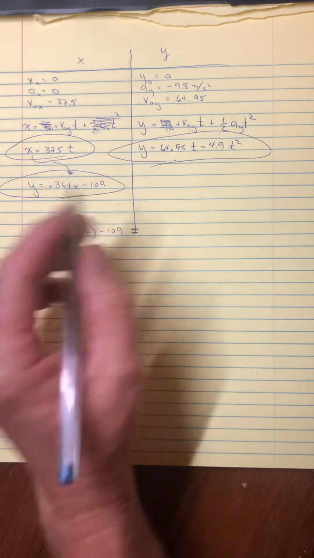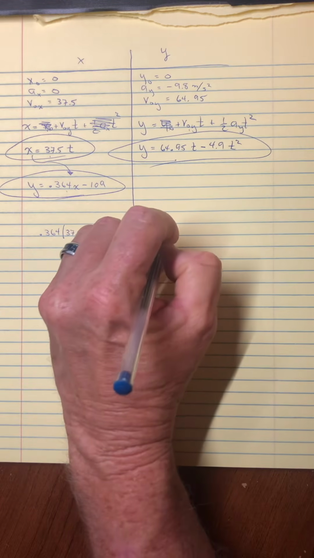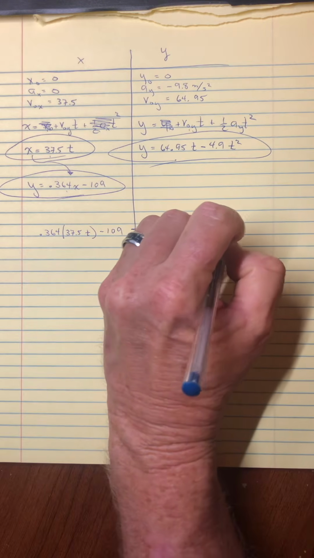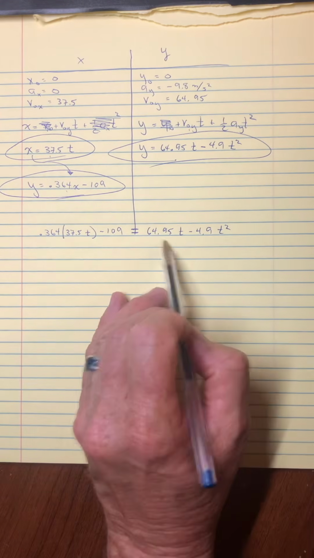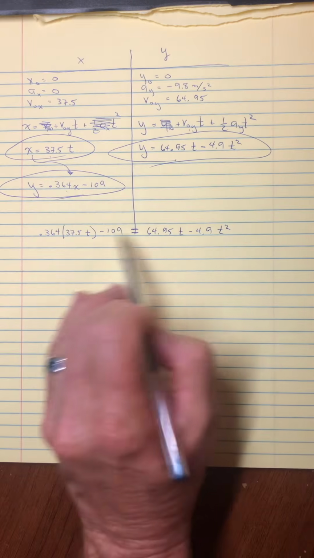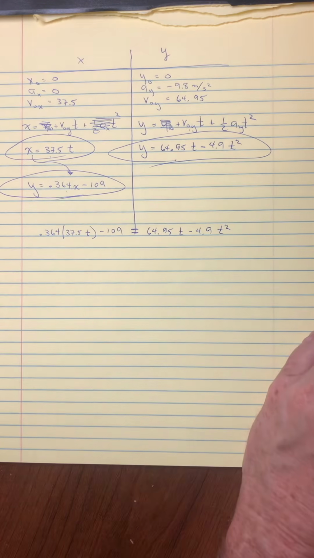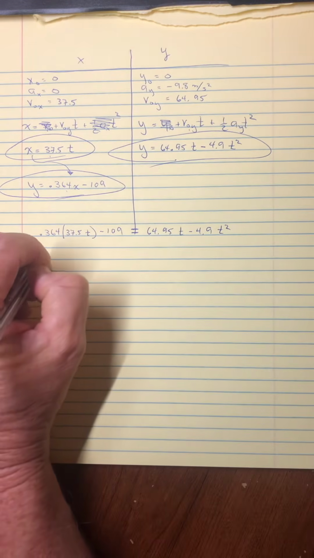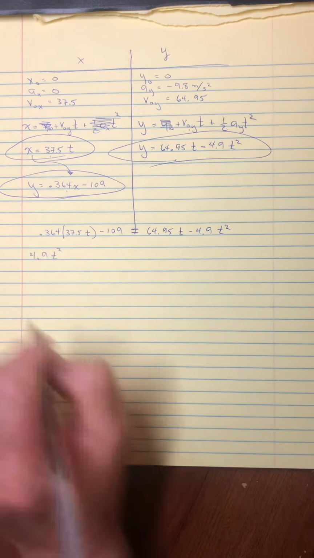And that's also equal to this, 64.95 t minus 4.9 t squared. And clearly then I have a quadratic equation. So there's a quadratic term, there's two linear terms, and there's a constant term. Let me kind of write them in the standard quadratic form.